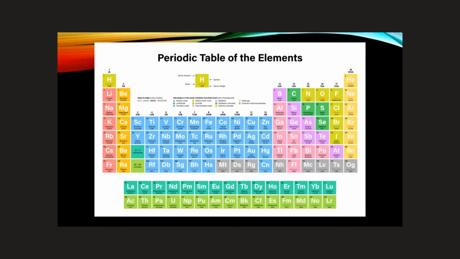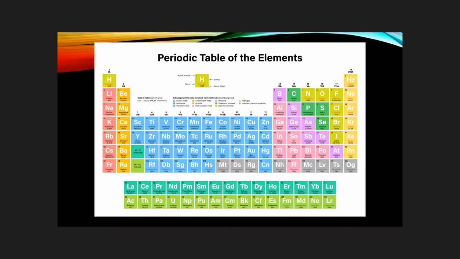Now don't forget that just because the chemical symbol starts with a letter, for example silver with the letter A, doesn't necessarily mean that the name of the element itself starts with that same letter. Silver starts with an S, but the chemical symbol starts with an A. Same thing with lead.